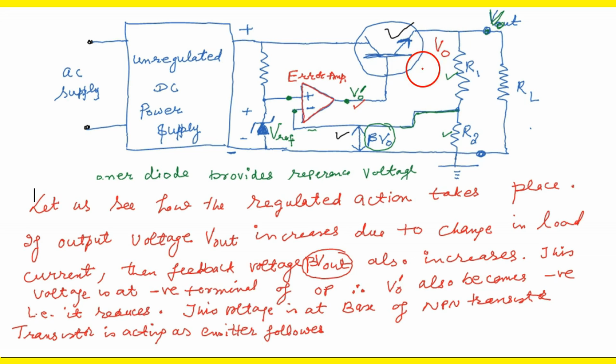This decrease in emitter current keeps the output voltage again at the same level as before.